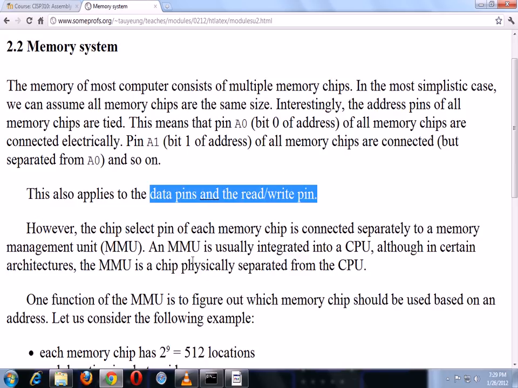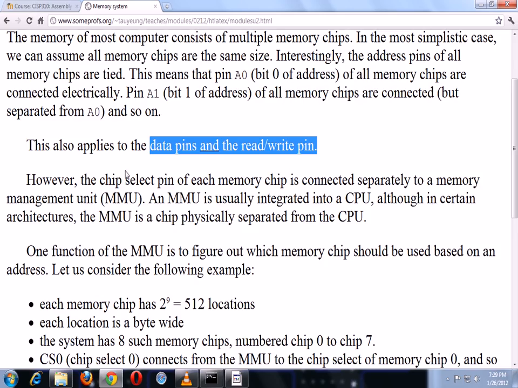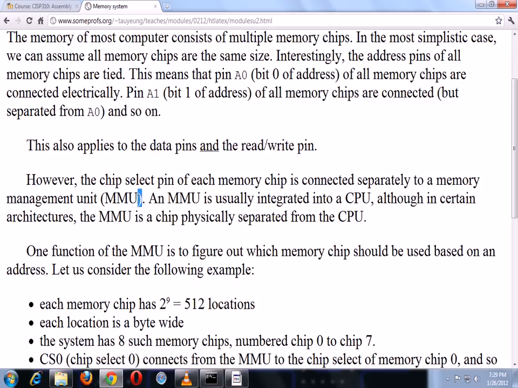Well, let's take a look at this example. The chip select pin of each memory chip is connected separately to a memory management unit. It's usually a component inside the processor these days, but in the good old days, the MMU was a separate chip from the actual processor chip.